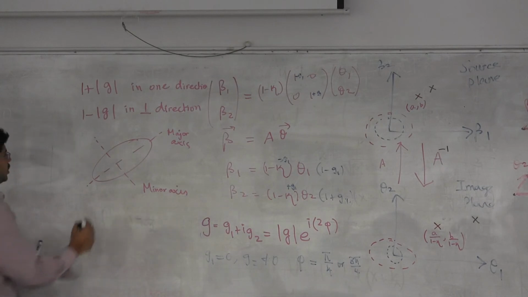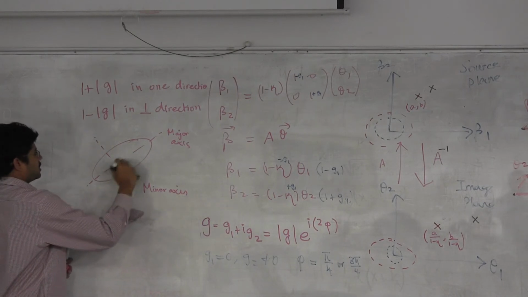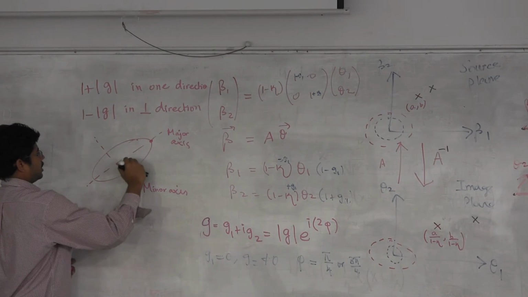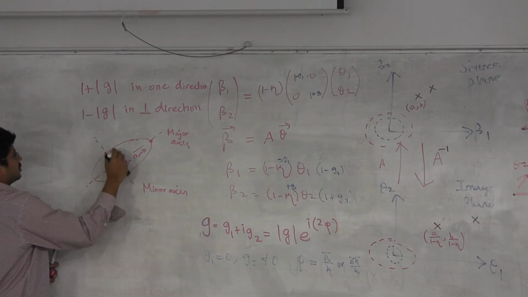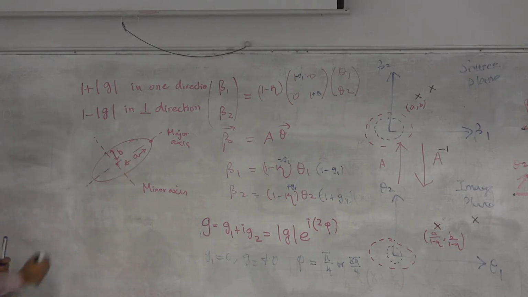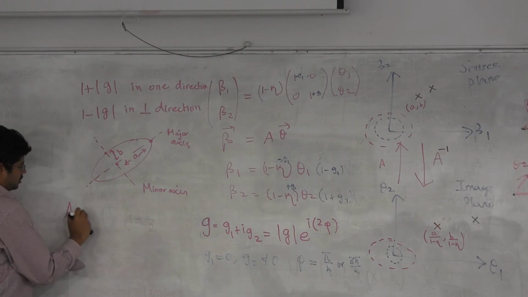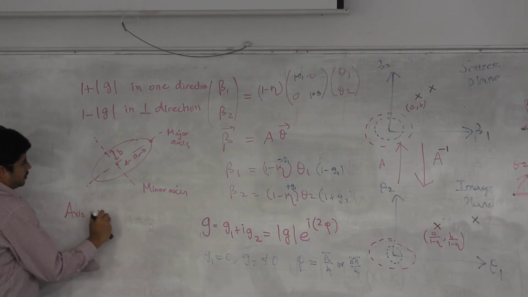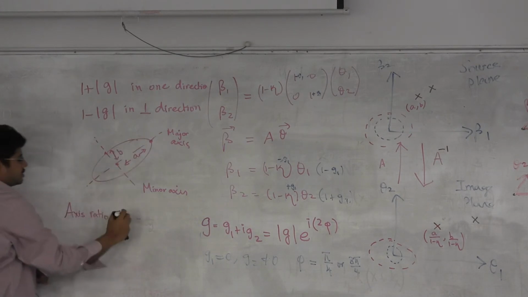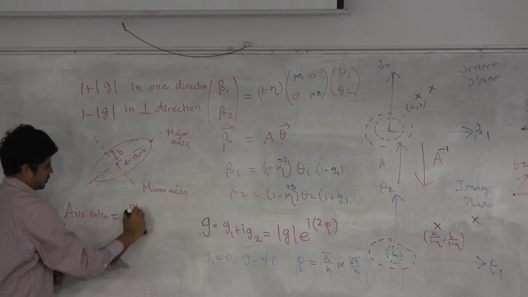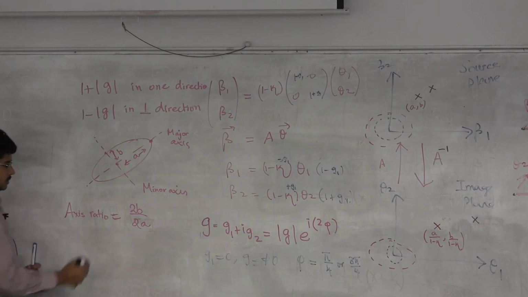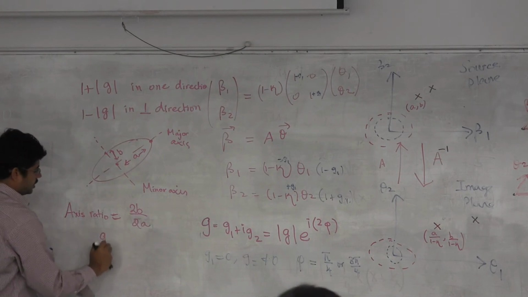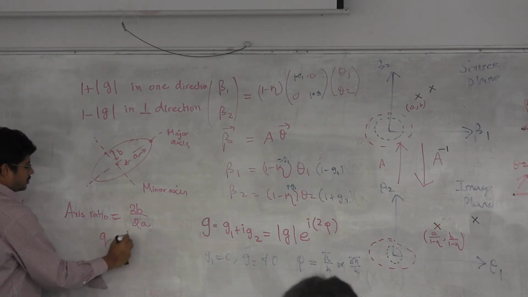The standard terminology is to call the length from the center to this point A, and from the center to this point B. And the axis ratio would be the length of the minor axis, which would be 2B, divided by the length of the major axis, which is 2A. And this is denoted by the symbol Q.